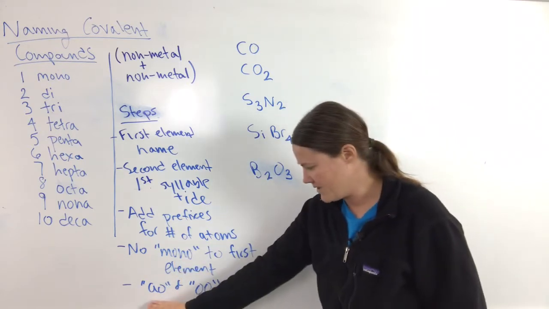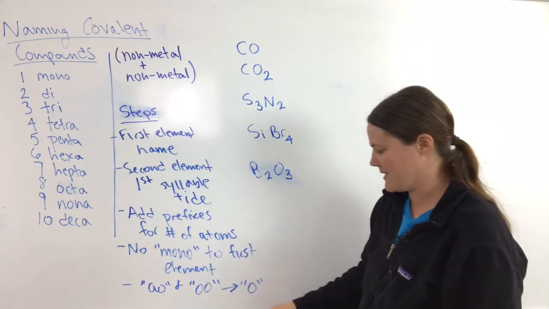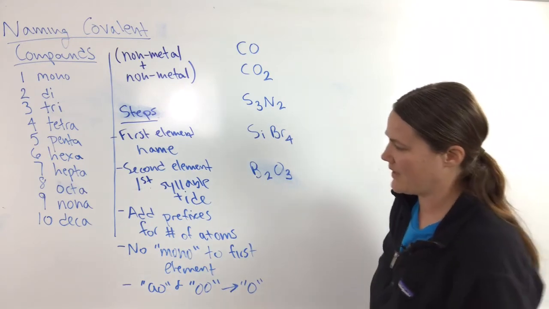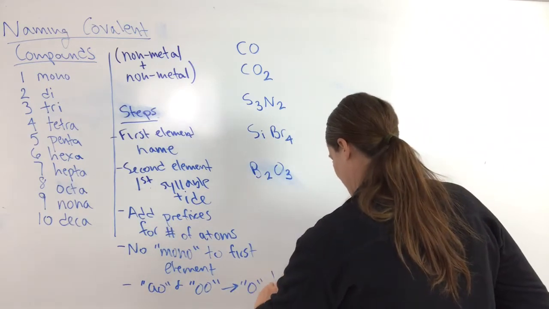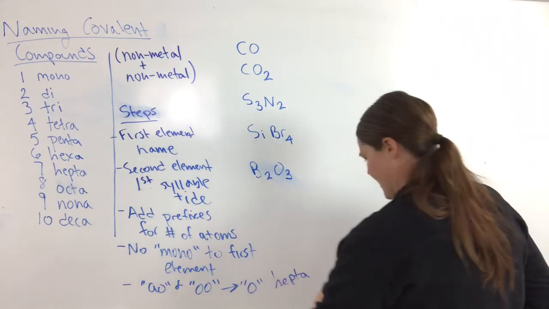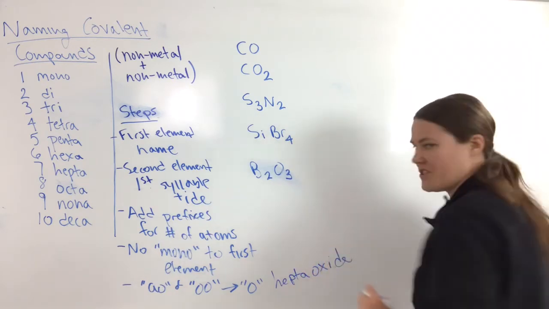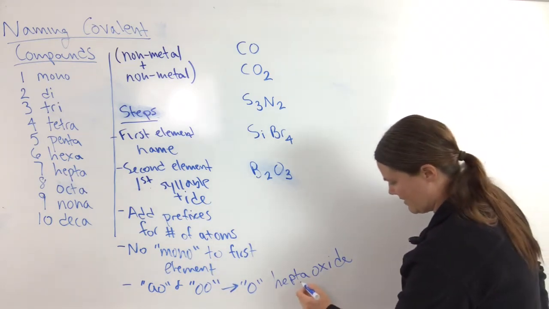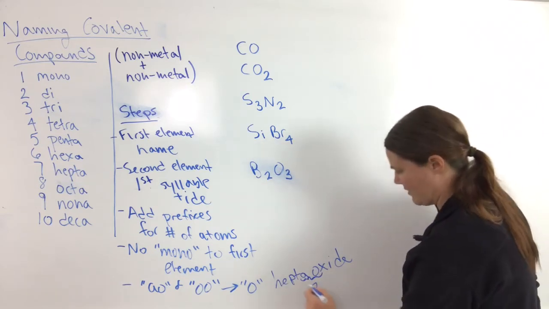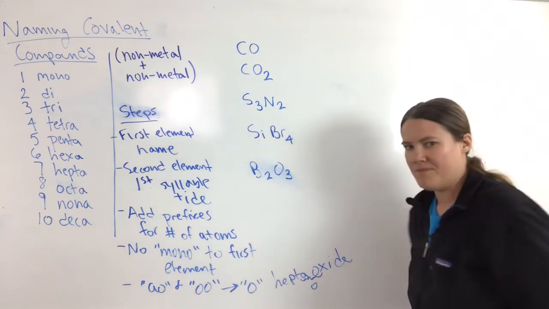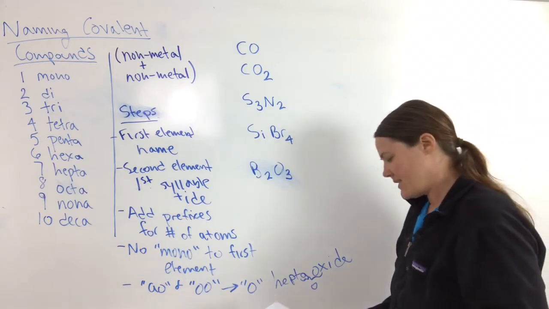And if we run into a case where we have AO or OO, that becomes an O. For example, if you have 7 oxygens, you would have hepta and oxide, so you combine the A and O to just O, giving heptoxide. But I'll point that out when we run into this in the examples. So let's go through these.